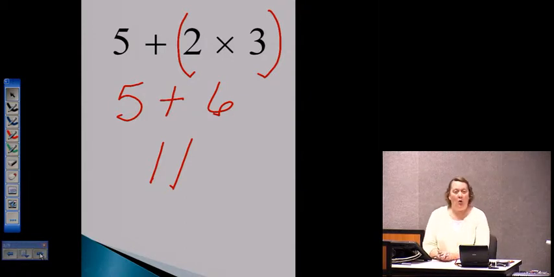So if we had no order of operations decided for us, then every time we had a problem, half of the world would do it one way, the other half of the world would choose to do it the other way, and we'd have no consistency. Therefore, we have to have consistency because math has to have predictability in our answers.